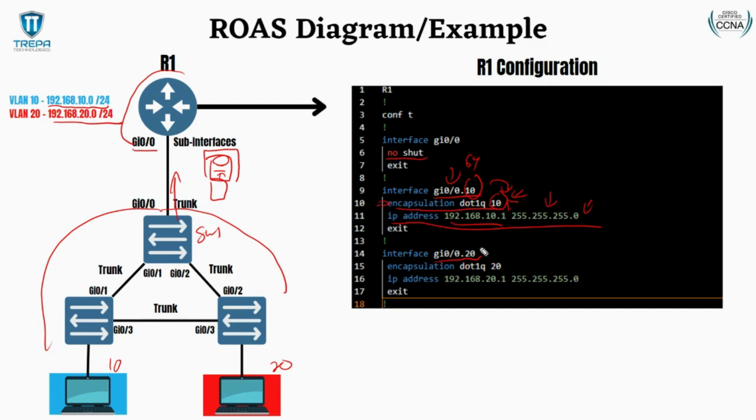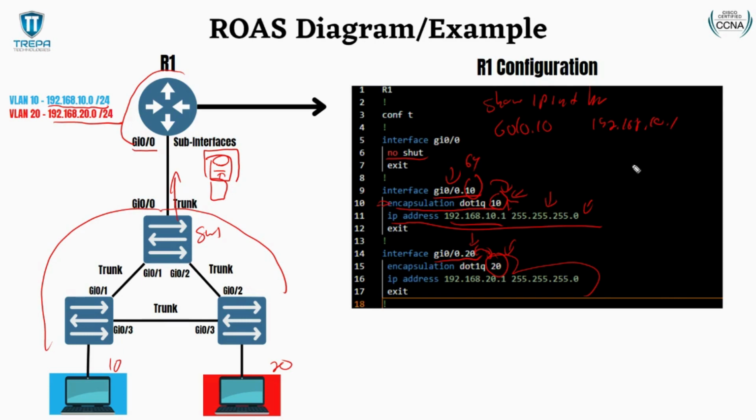Then same down here, this sub-interface is for VLAN 20. Now, it is best practice to make these sub-interfaces correlate with the VLAN, and that's more for your administrative purposes. Because when we do a show ip interface brief, it's not going to show us the running config of that sub-interface. It's just going to show us an interface and then the IP address with it.